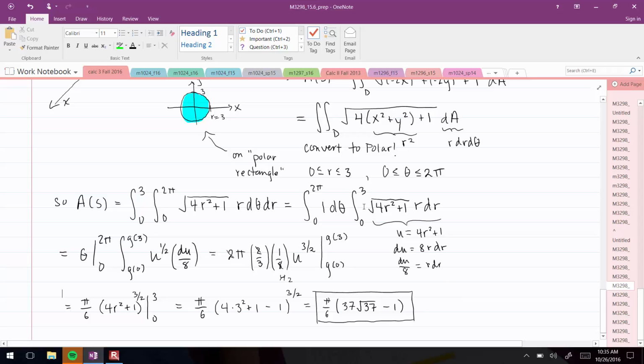So don't do silly things like, in this root 4r squared plus 1, because it's a plus there, you cannot break that root up. That's a common Calc 1 error that students made all the time. It's like, oh, that'd be really nice if you could do it. Yes, it would be really nice, but it's illegal in algebra and it's not right at all. Also, if you forget that r, you don't know how to do this integral.